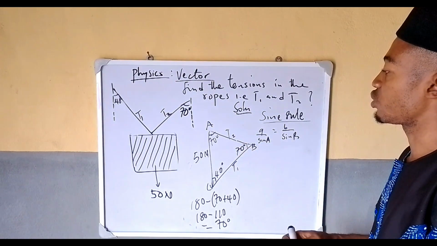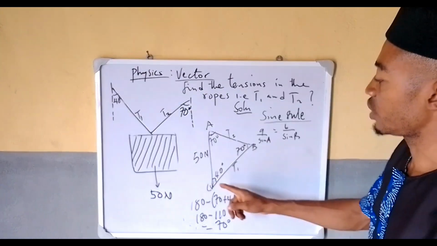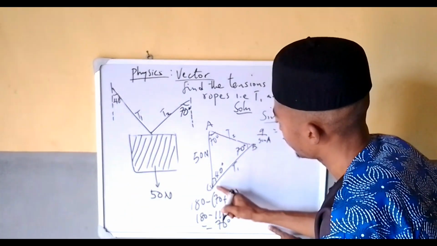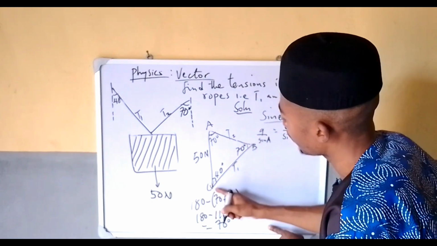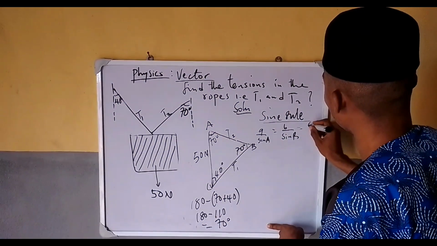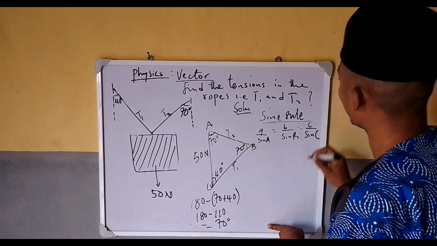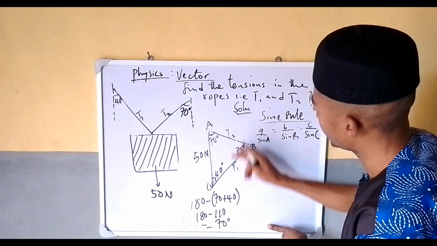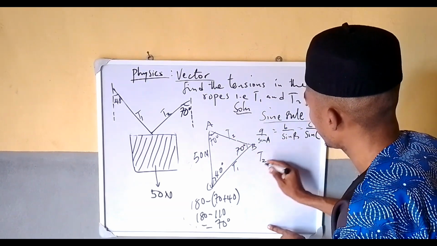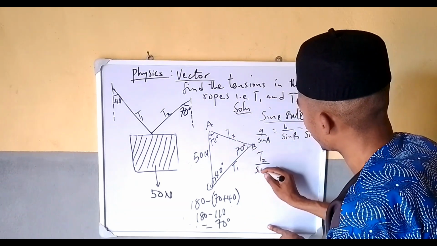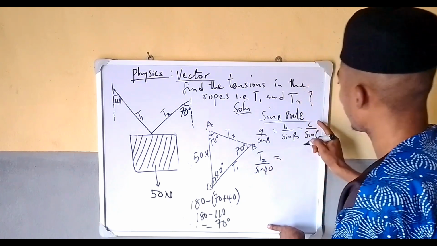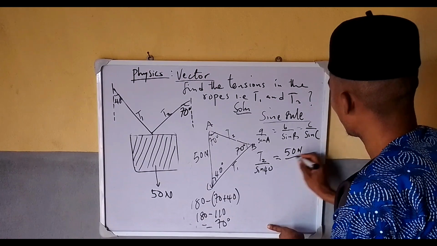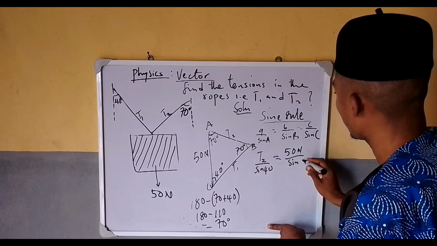So we look at C, the side facing C, because this formula is the same thing as small c over sine capital C. So picking this against this, C, the side facing C, is T2 over sine 40, is equal to B, which is 50 over sine 70.